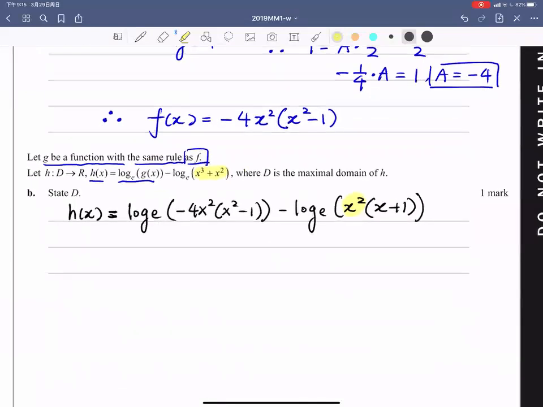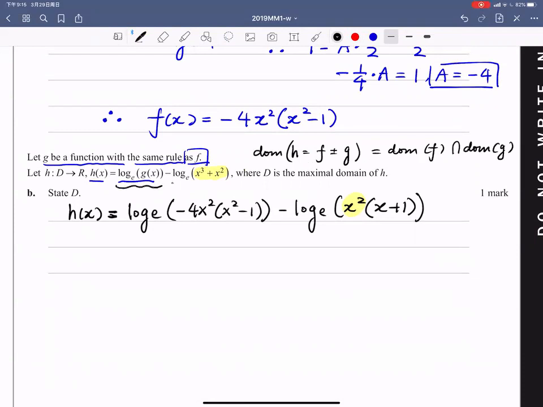So what should I do next? I know this is a sum of two functions, or sum of difference. If you have h equals f plus or minus g, then the domain of that equals domain f intersecting domain g. So I'm going to find the domain of that and that respectively.